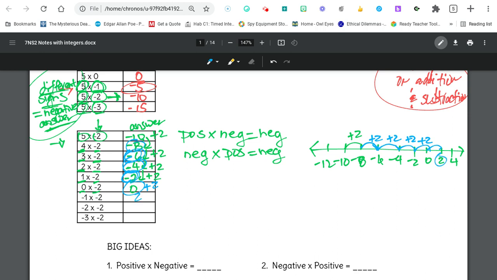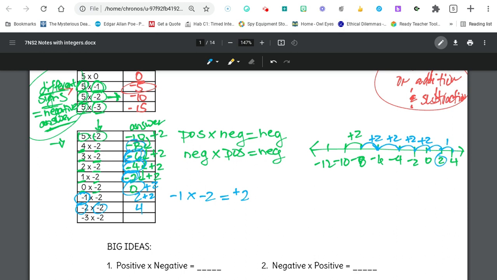Okay? But this isn't a negative times a positive, or a positive times a negative. This is negative 1 times negative 2. I ended up with a positive 2. Okay. Well, let's see what happens. What do you think will happen if I do negative 2 times negative 2? The pattern should continue. 2 plus 2 is 4.